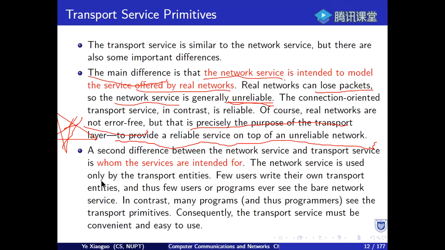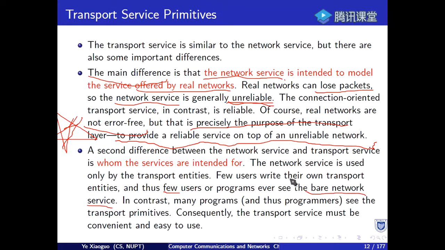The second difference between network service and transport service is whom the services are intended for. The network service is used only by the transport entities. Few users write their own transport entities, and thus few users or programs ever see the bare network services.